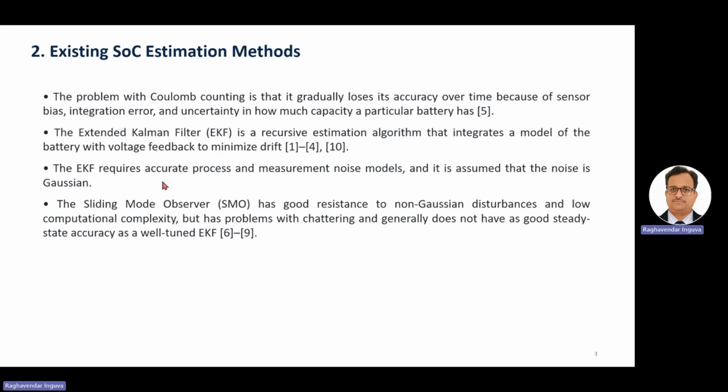The very important thing is that EKF requires accurate process as well as accurate measurement noise models. It basically works on a Gaussian noise model, with Gaussian distribution. EKF is known for working well when linearity is there. If there is any non-linearity, EKF will deviate from its function. It may not be that accurate.